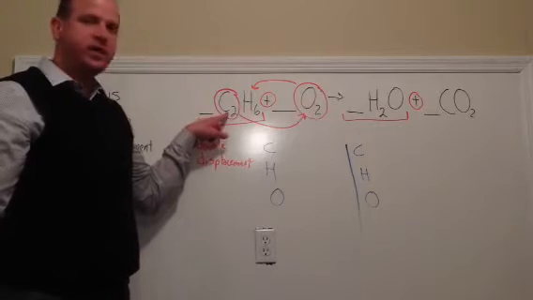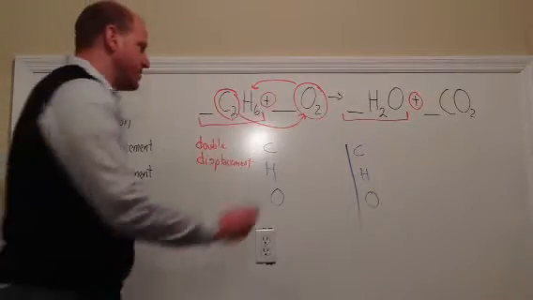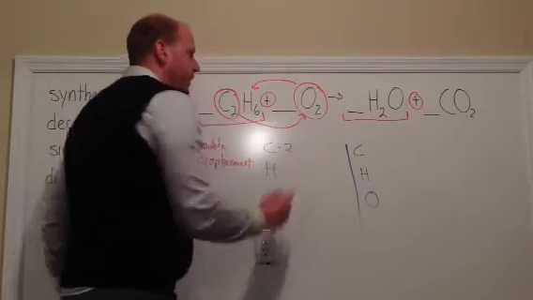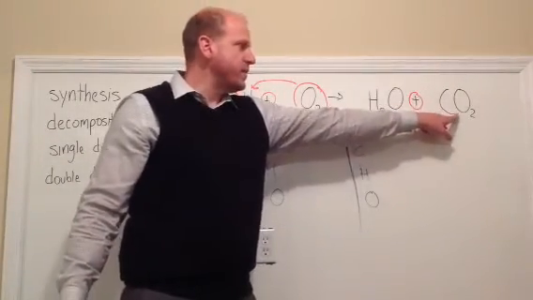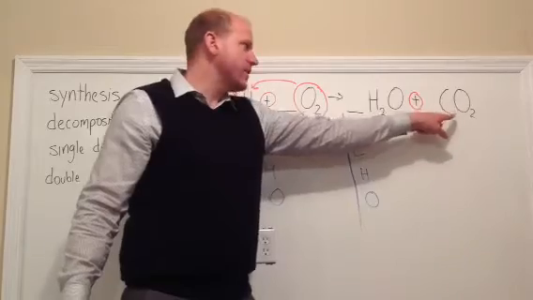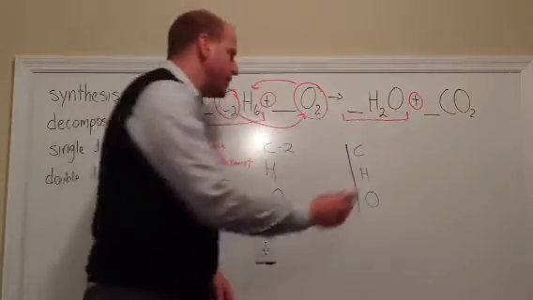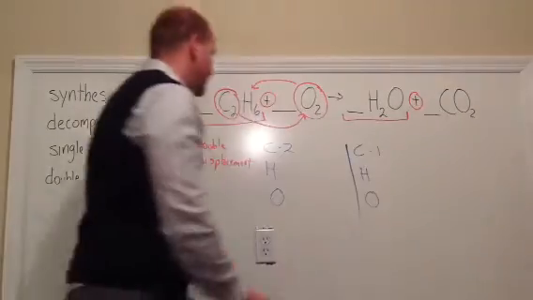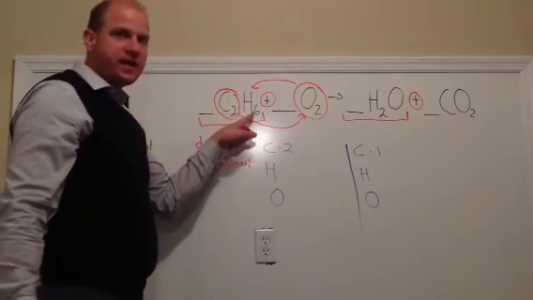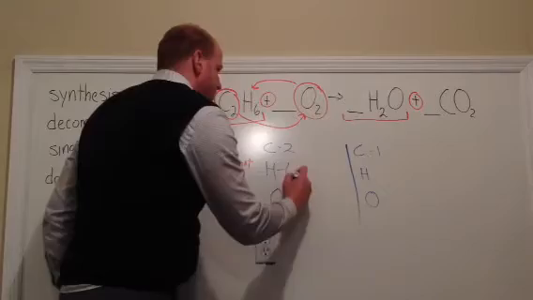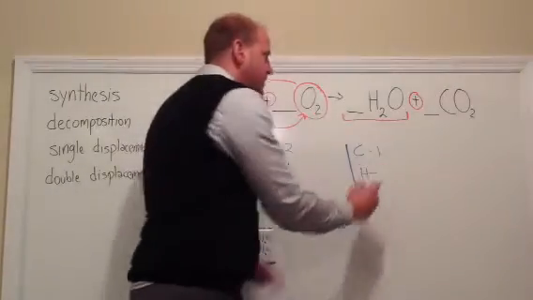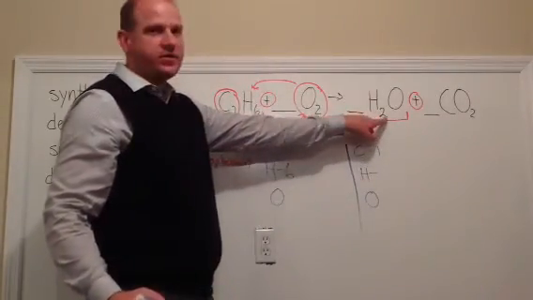Here I have 2 carbon; C2 gives me 2 carbon. On my product side, I just have 1. There's nothing immediately following the C, so it tells me that there's only 1 carbon. Now I go to my H's. I have 6 H's, as noted by the subscript 6. So 6 hydrogen. On my product side, I have 2 hydrogen.